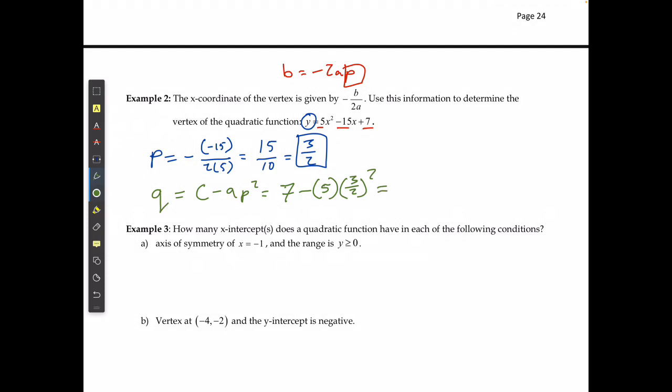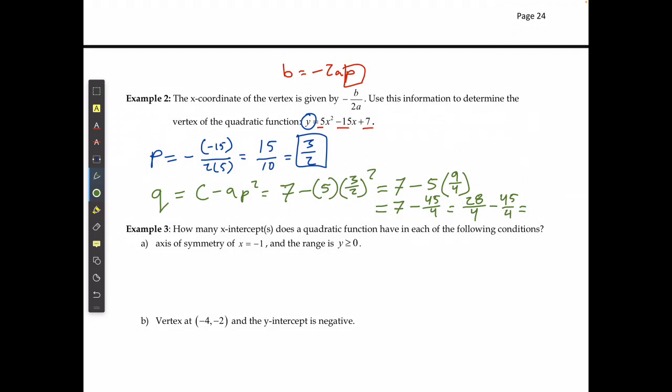This is going to give me 7 minus 5 times 9 over 4, or 7 minus 45 over 4. Well, 7 would be the same as 28 over 4 minus 45 over 4.